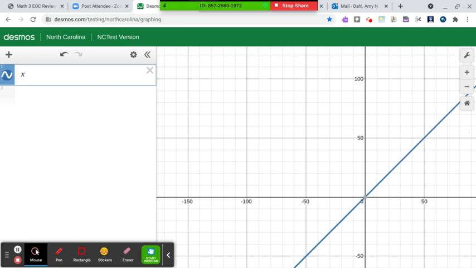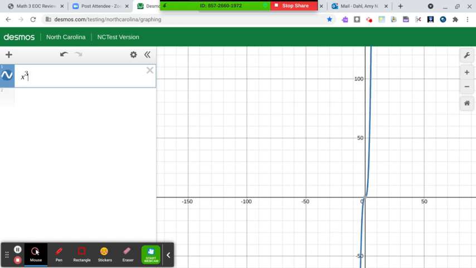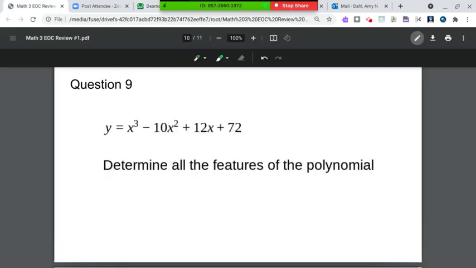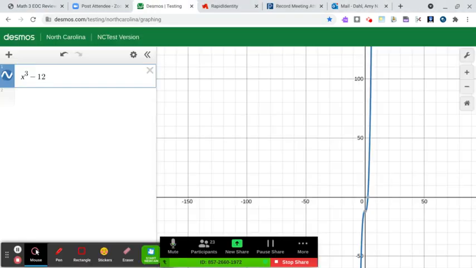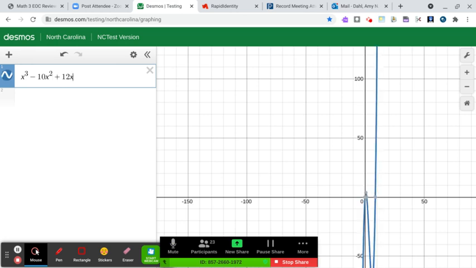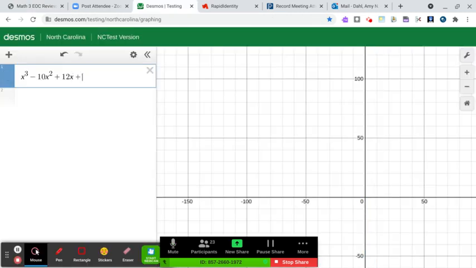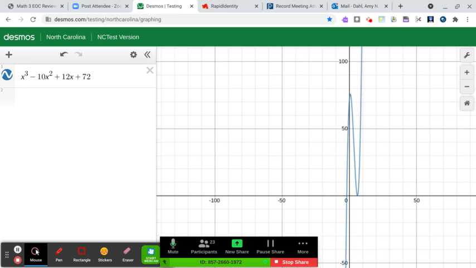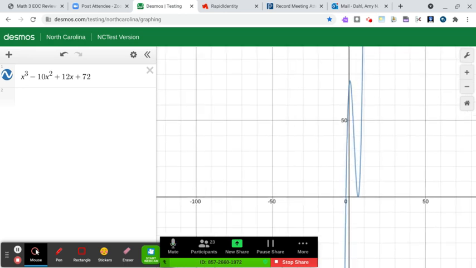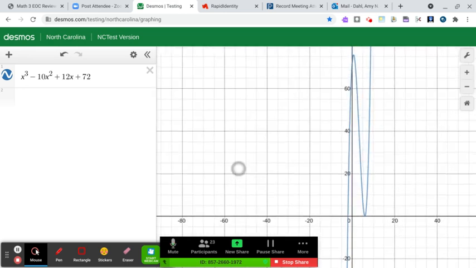Okay, x cubed minus, well, I already forgot it, minus 10x squared plus 12x plus 72. All right, zoom out a little. Or zoom in, I mean.